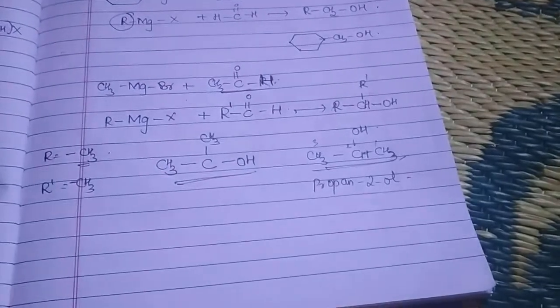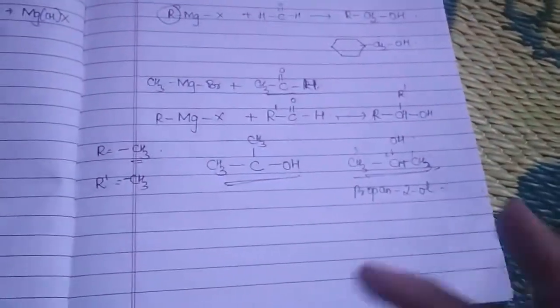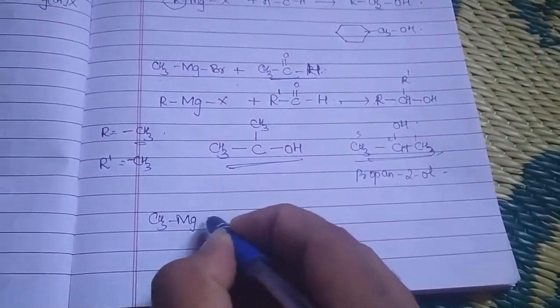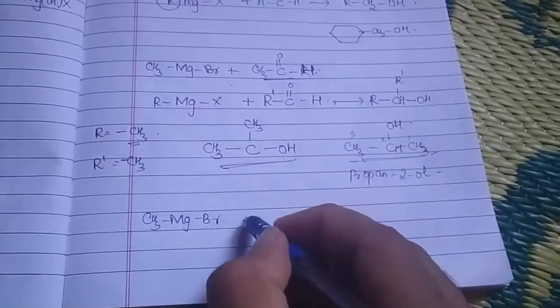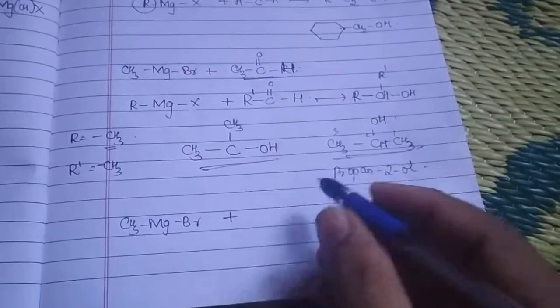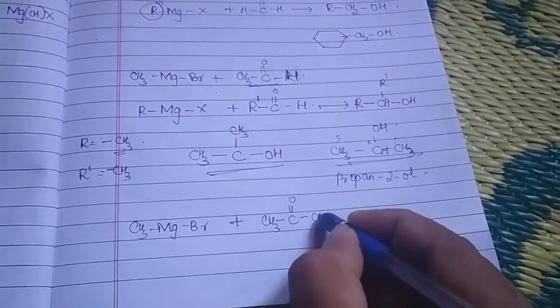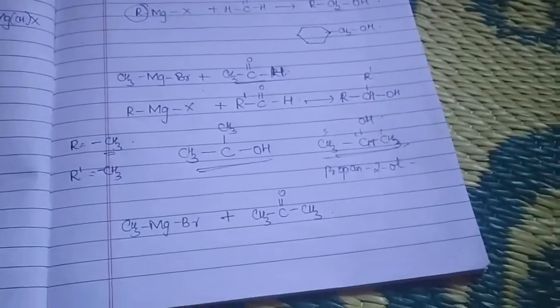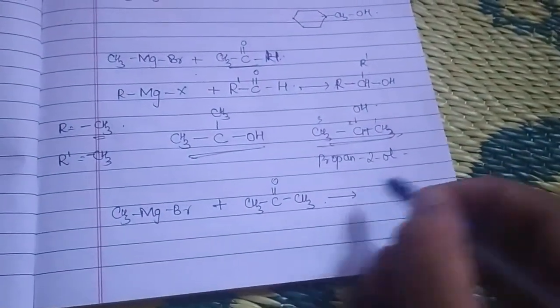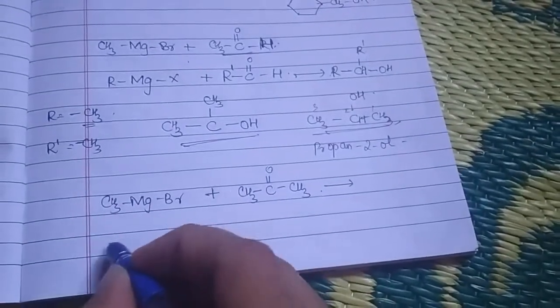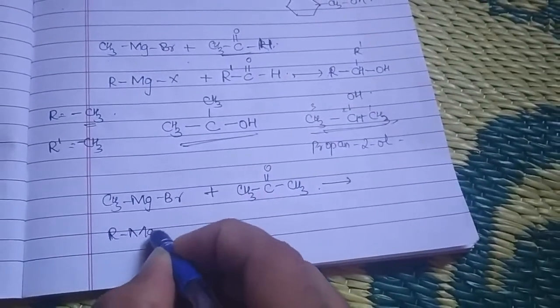If I take an example for a tertiary alcohol, what should I do? If I take CH3MgBr, when it is treated with propan-2-one, CH3 C double bond O CH3, of course, what is the concept? I know that I should get a tertiary alcohol. But let me first write my general reaction.